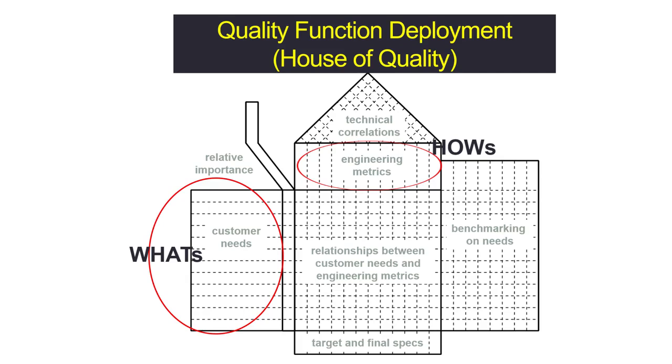So they build a house called the house of quality. This is the connection between whats and hows. Actually, this is an option, an alternative way to give the information on the connection between whats and hows that you have already seen in the previous slides.